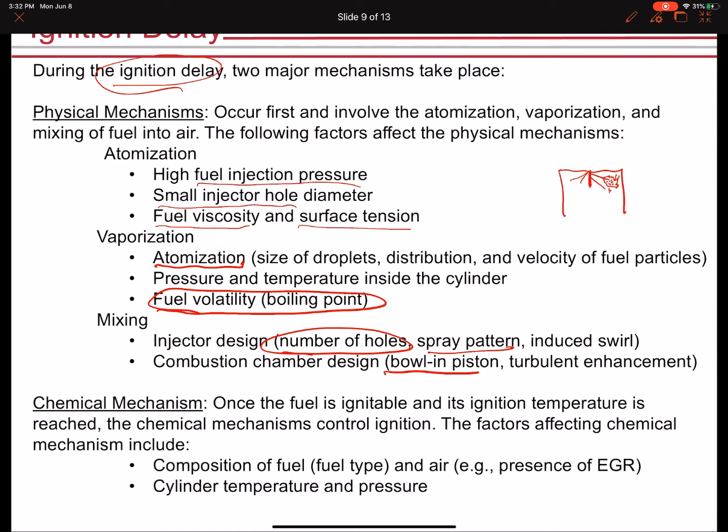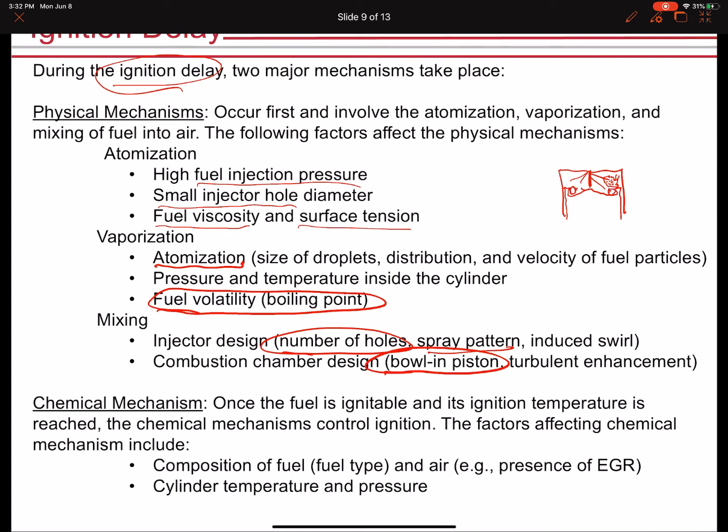So this is where the bowl-in piston design comes into play. If I now draw in the piston design, usually this is when you see these bowl-in piston type designs, where this bowl that's machined into the piston is meant to contain the fuel spray.